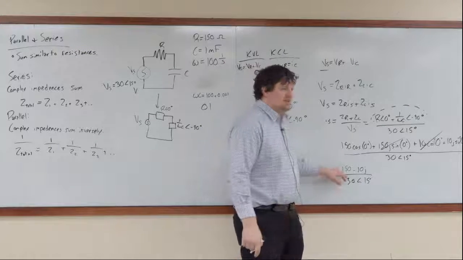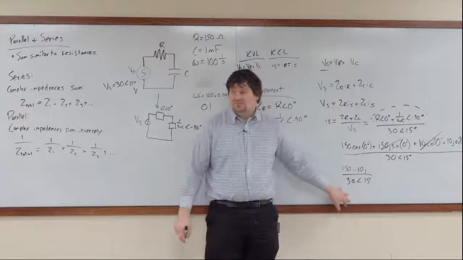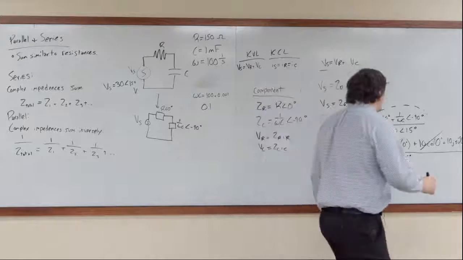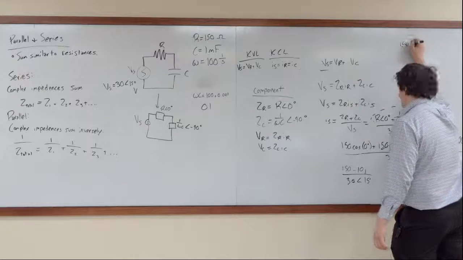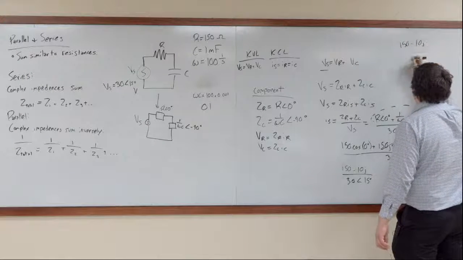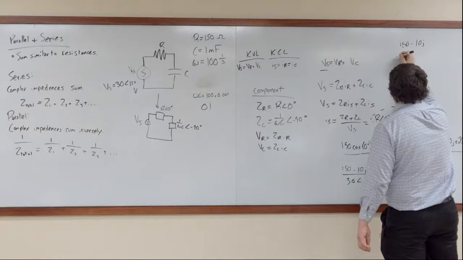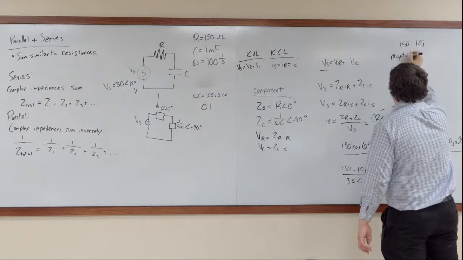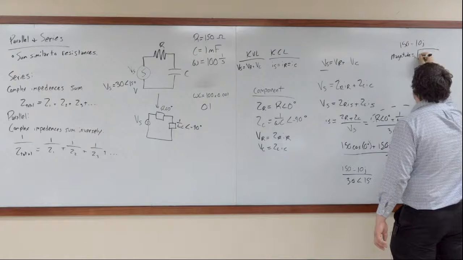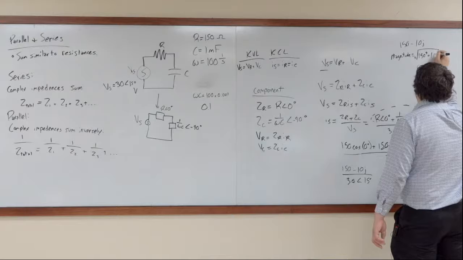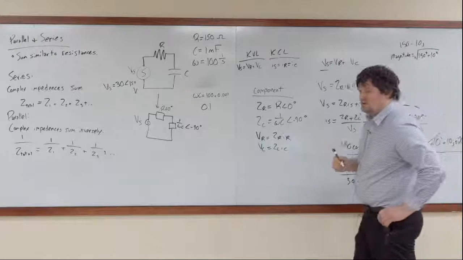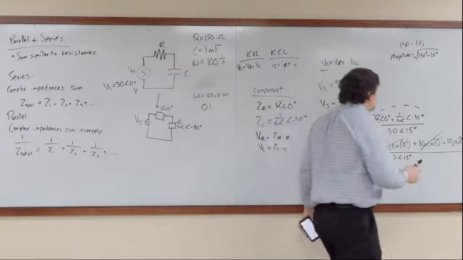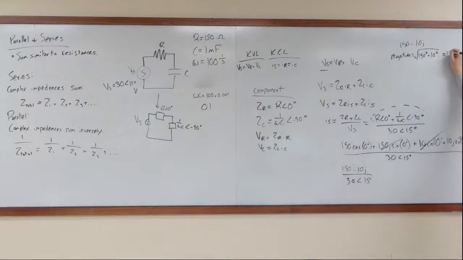So I'm going to take this and convert it back into phasor form. Here, 150 minus 10j, the magnitude of that is equal to the square root of 150 squared plus 10 squared, which if I pull out my calculator, is 150.33.